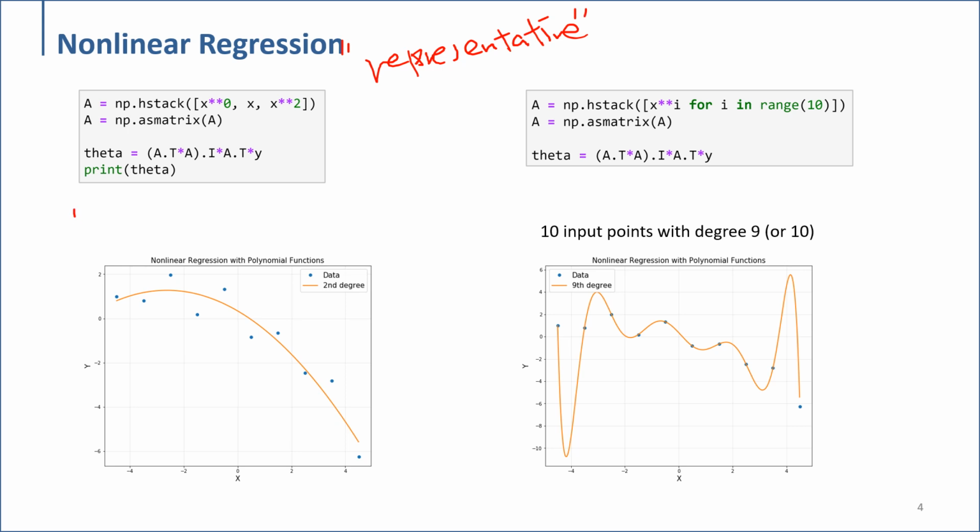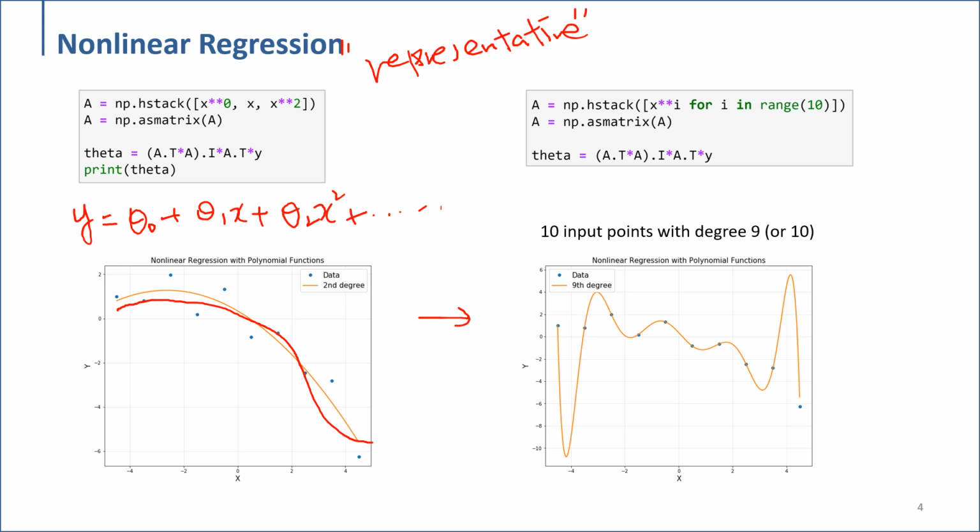Compared to a single linear equation that has only the form y equals ax plus b, by considering more variables we can represent more representative functions, and define the model more accurately.